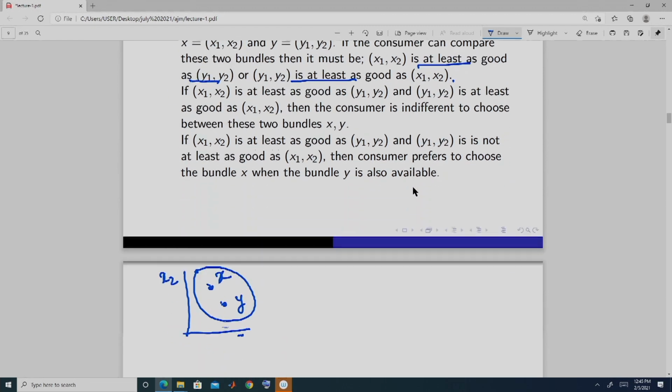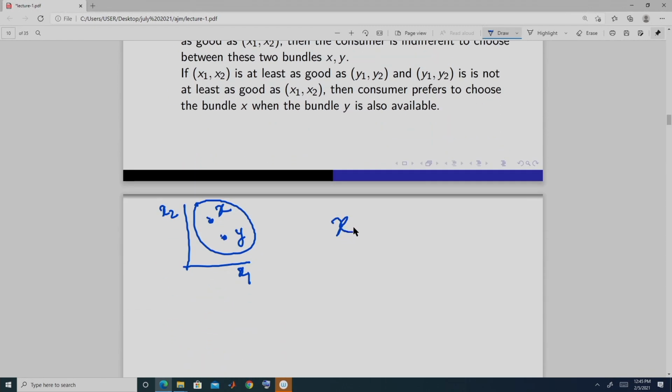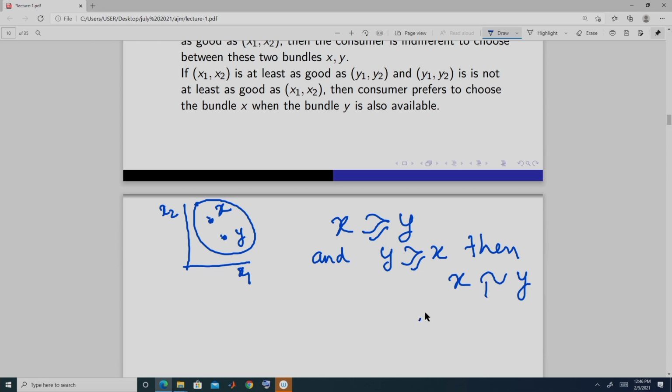We write it this way: if x is at least as good as y and y is at least as good as x, then x is indifferent to y. This is indifference.